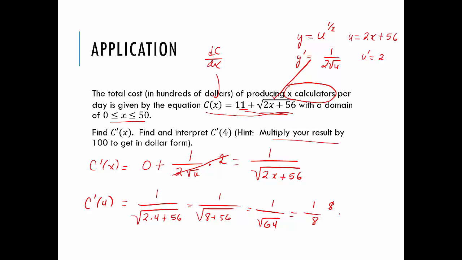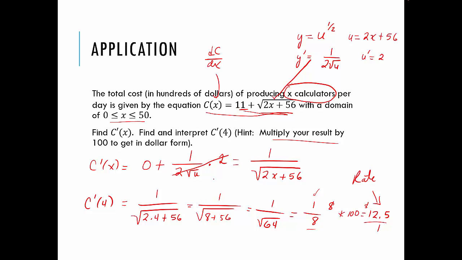So if I multiply this by 100, I get 12.5. And basically, this again being a derivative is the rate. Okay, so my cost is changing $12.50 per, we could put a 1 under it, right, per 1 calculator.